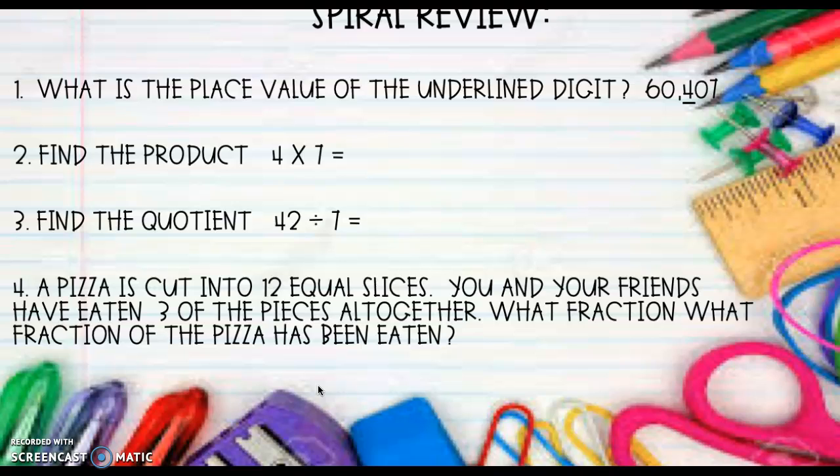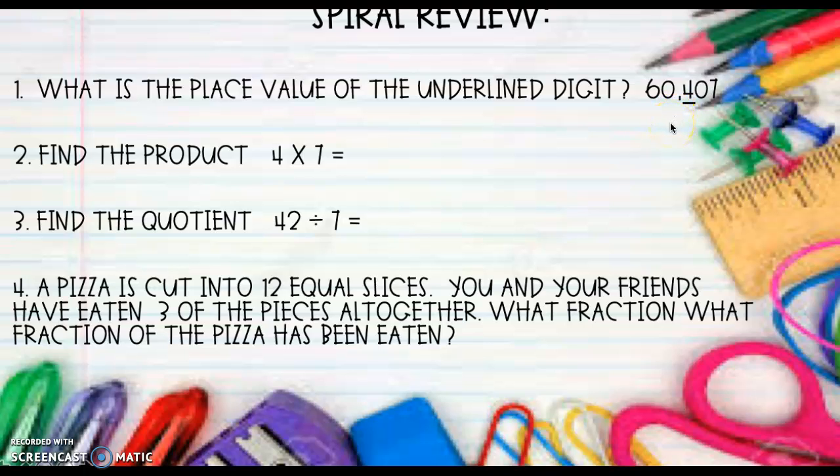But we are trying to find the place value of the underlined digit. The underlined digit is a 4, and I see it's in a certain place. So I need you to tell me what is the place value of that underlined digit.